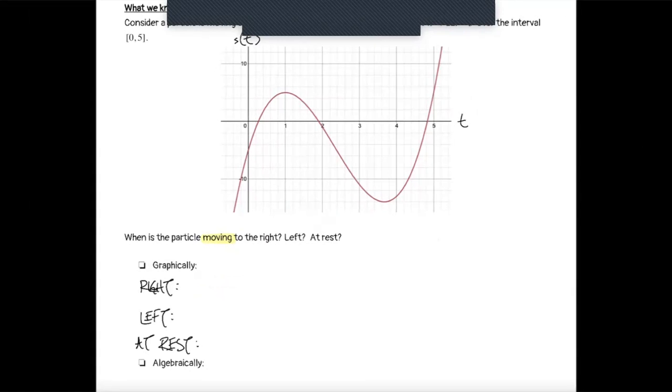Right, but what do we have here? When is that particle moving to the right, moving to the left, or at rest? Right, I see a few answers coming in. Don't be shy.